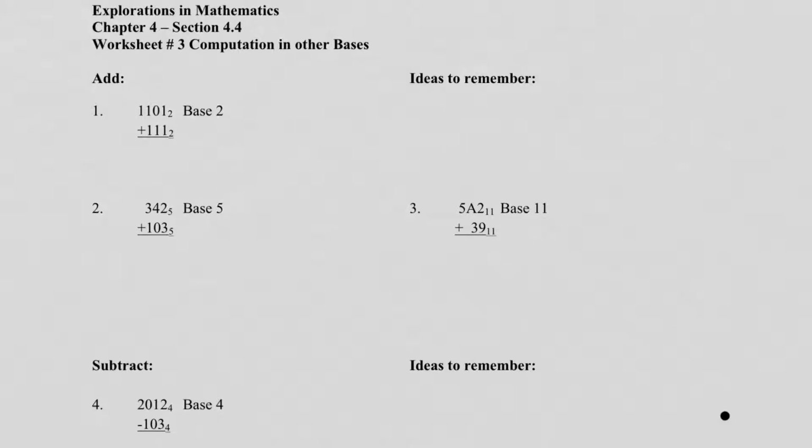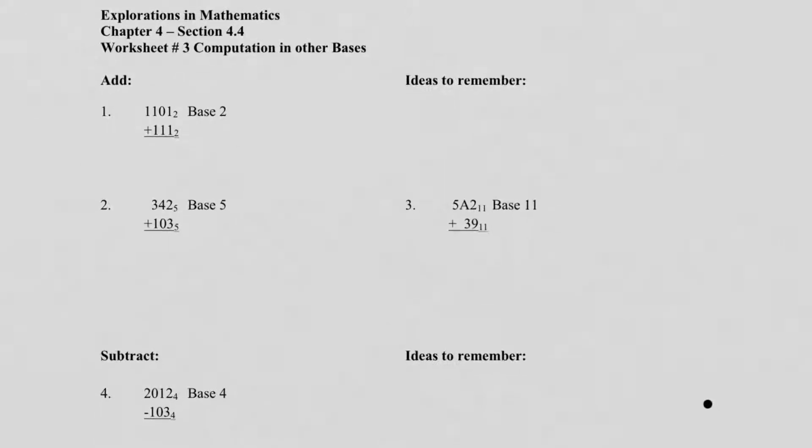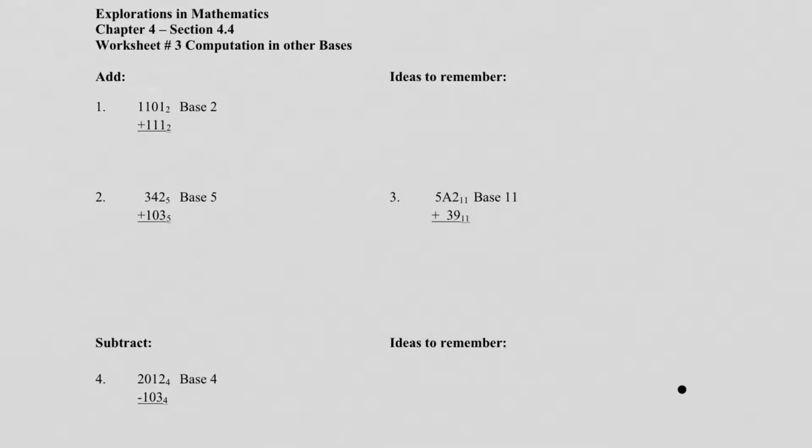A few things to remember. Number one, you cannot have a digit equal to or higher than the base you are working with. This is something we talked about in the previous section.